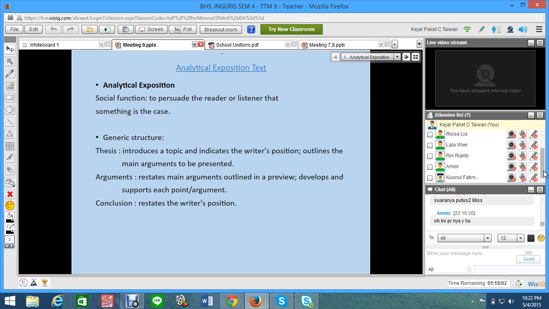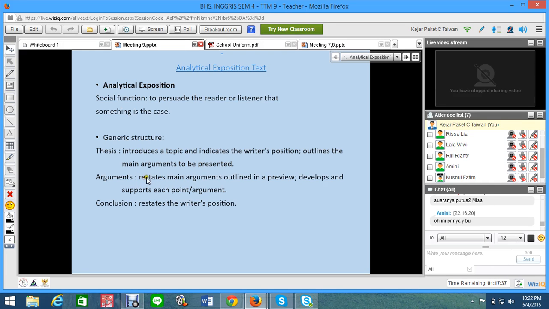And then the second is about the arguments. Arguments means argument. So you have argument, kalau dalam bahasa Indonesianya itu argument. So restate main arguments. So we have to restate main arguments that is stated in the thesis here. Jadi nanti ada contohnya. Jadi misalnya main argument yang ada di sini di restate kembali, diungkapkan kembali. Restate. Artinya kembali, ulang.